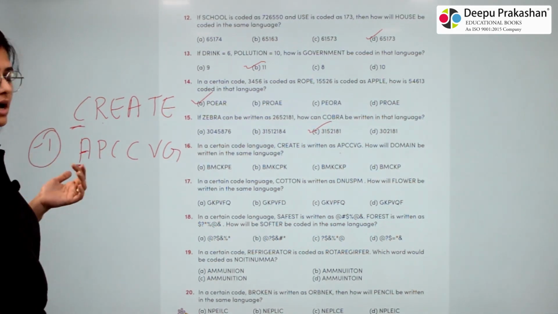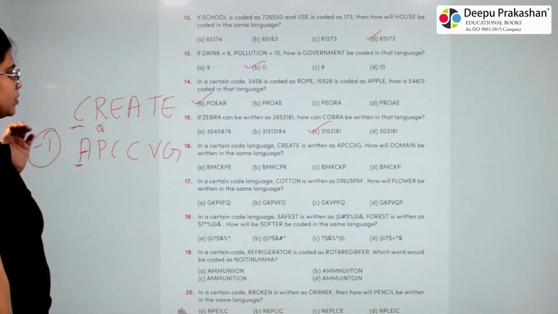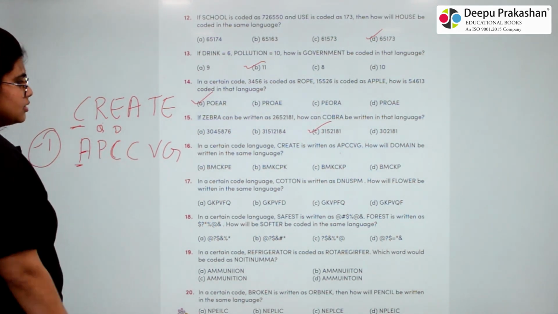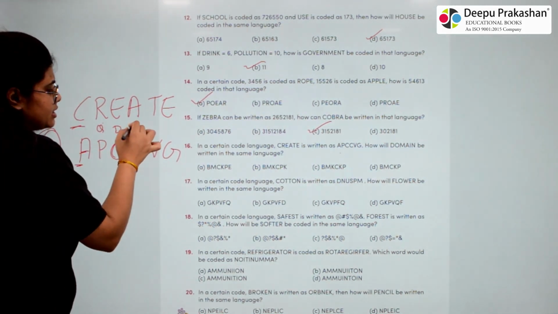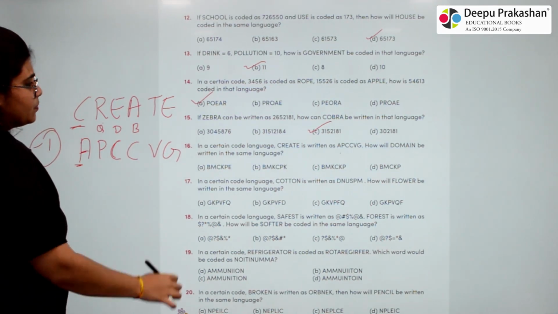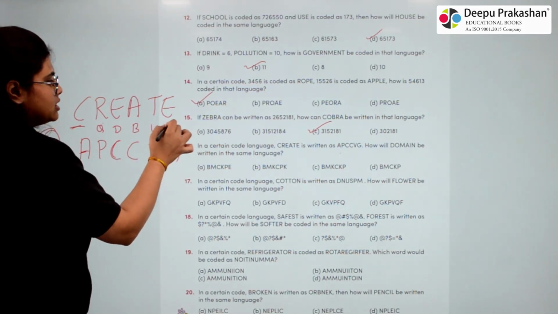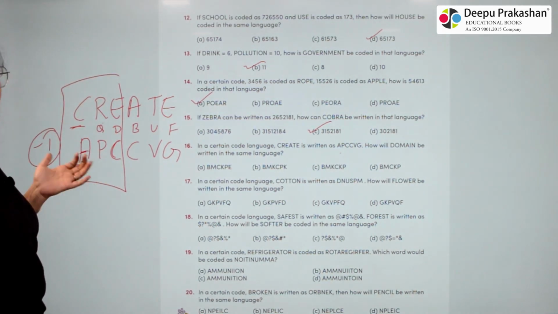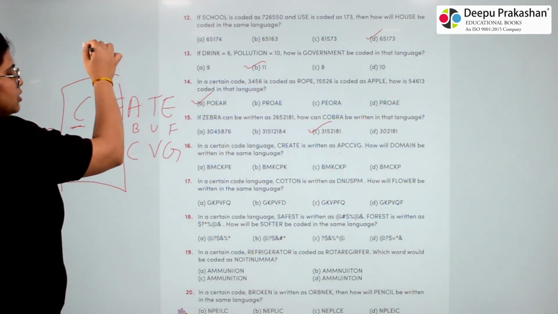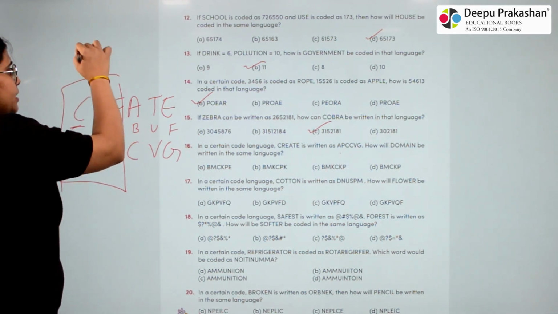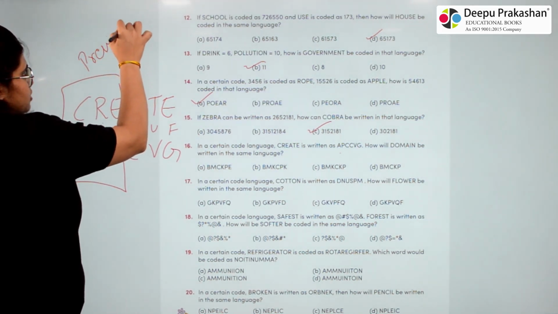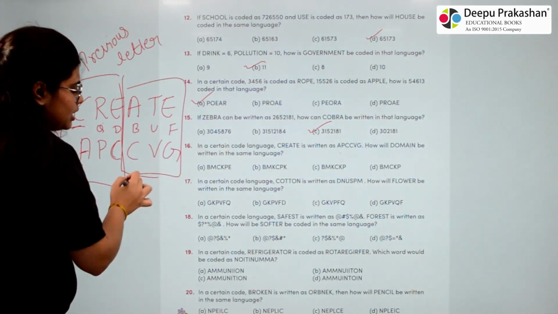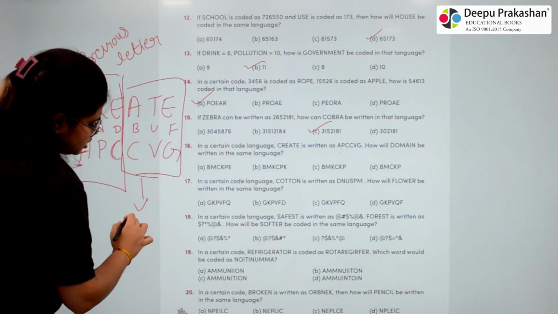Similarly, P and R has the difference of one letter, that is Q. E and C has a difference of one letter, that is D. And similarly, A and C have difference of one letter, that is B. T and V have U and E and G have F. But here, the first 3 letters have used previous letter, but last 3 used next letter.